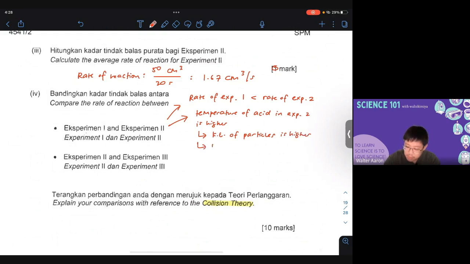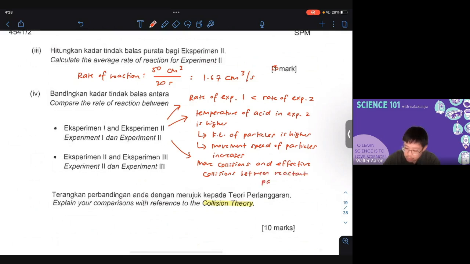Then of course explain that movement speed increases, and after that you say more collisions and effective collisions between reactant particles. So therefore the rate of reaction increases.